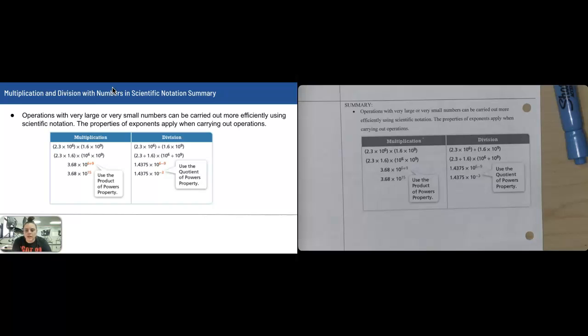Don't forget to rewrite your answer in proper scientific notation. And with dividing, you'll divide the first two numbers and then divide the powers of 10 so that we can get that answer. Also, again, don't forget to rewrite your answer in proper scientific notation if you need to.